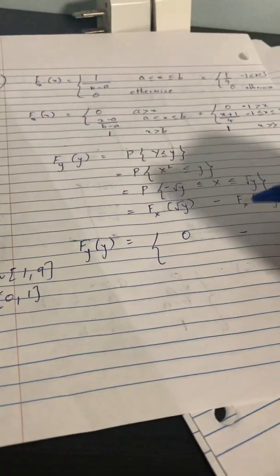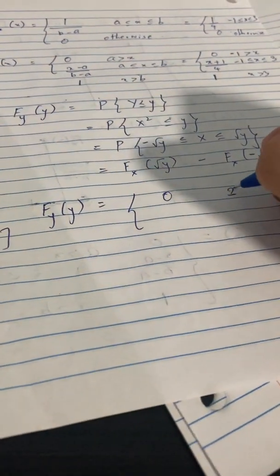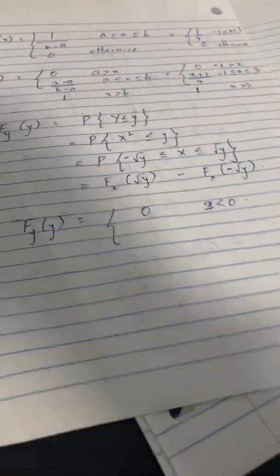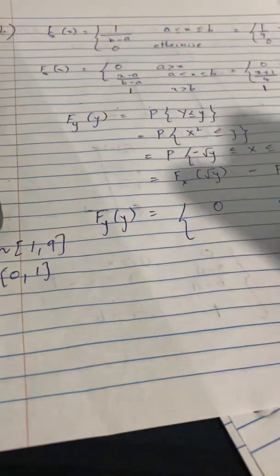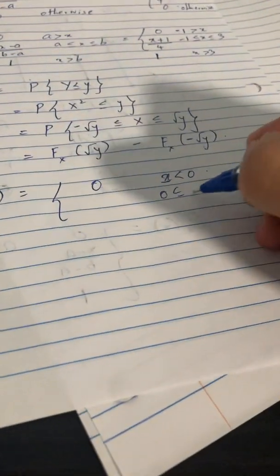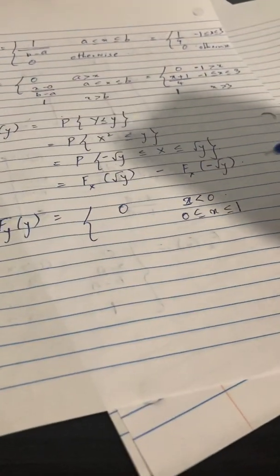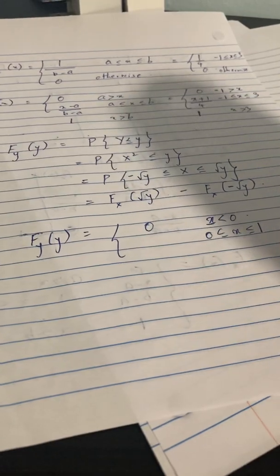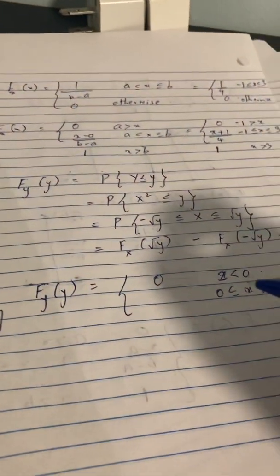So for 0, when x is less than 0, and for between 0 and 1, 0 less than or equal to x less than or equal to 1, we have the negative part, the minus 1 part takes precedence.